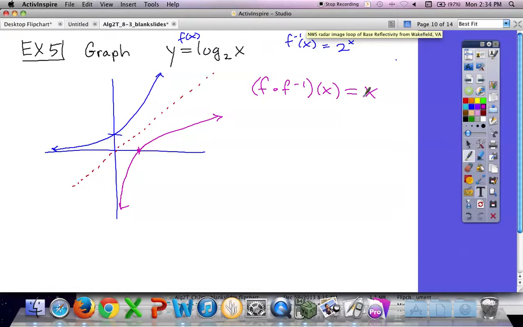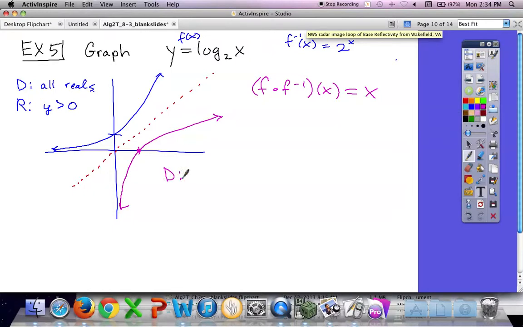Now, notice this other thing. The domain of the exponential is all real numbers. All reals. The range of the exponential is y greater than 0. Okay, now for the logarithm, go back to purple.